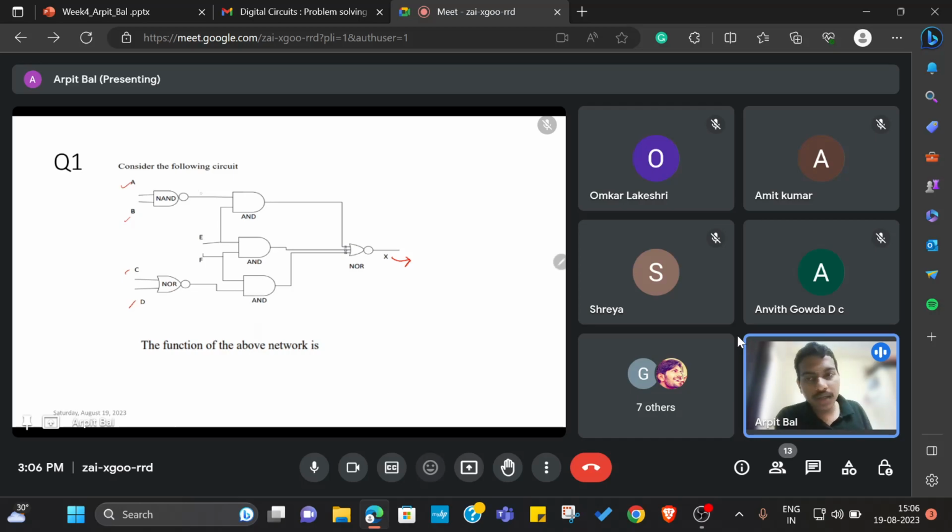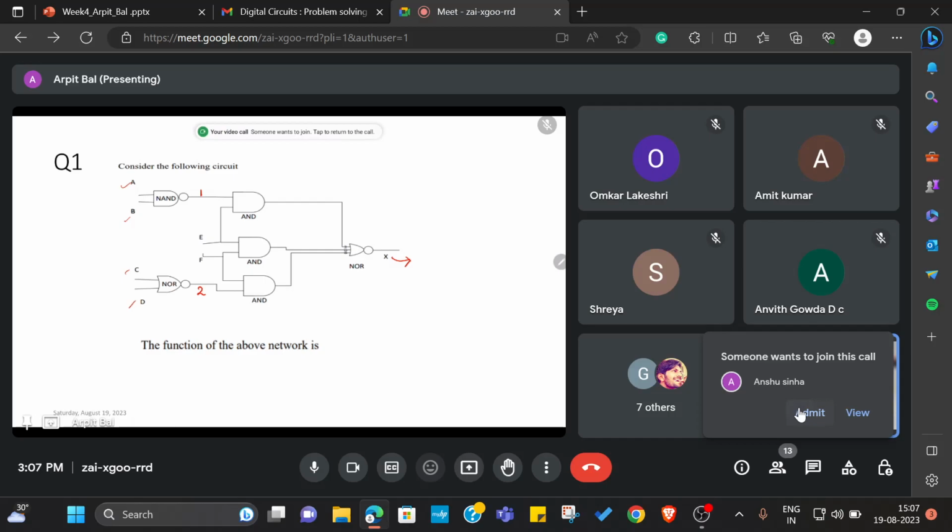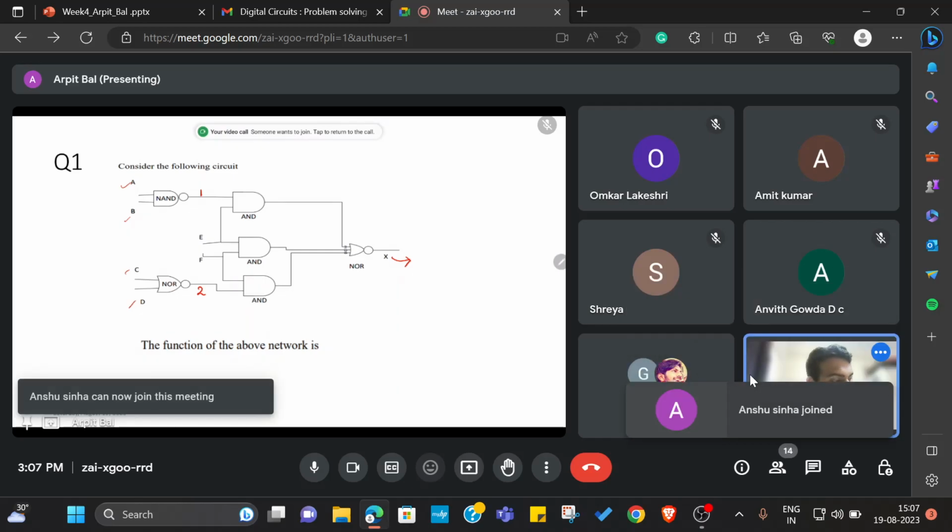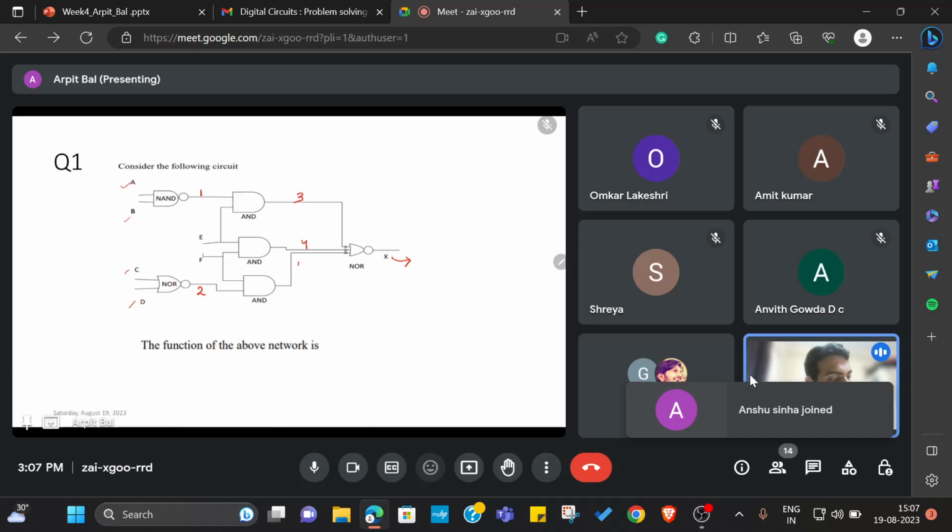Let me mark the nodes as 1, 2 and 3. This node I am calling 1, this node I am calling 2, this node I am calling 3, this is 4, this is 5. Let us go node by node.